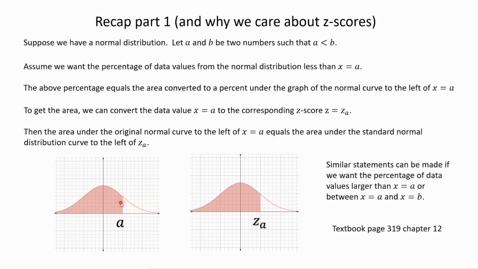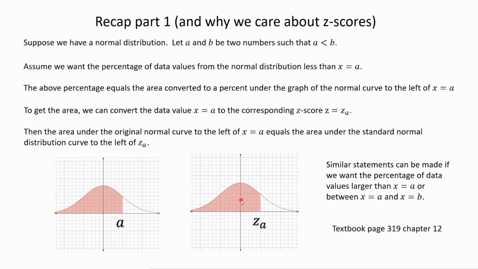But to actually get that area, what people do is they convert this A, in this case, the data value, to the z-score. We've done that before. And then they get the corresponding area under the standard normal distribution curve. That's a little bit easier to deal with because the mean is 0 and the standard deviation is 1.